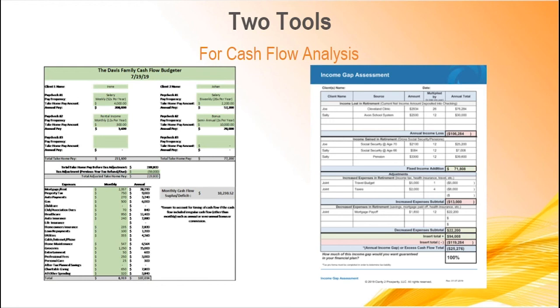You'll use the income gap assessment when you're looking for that shortcut to figure out how much that client's going to need to draw out of their liquid investable assets to supplement their fixed income in retirement and determine how much of that they want guaranteed in their financial plan. So again, these two tools were built so that you could quickly get to that number without putting your clients through the misery and the pain, and yourself through the misery and pain, of a full-blown budget exercise.